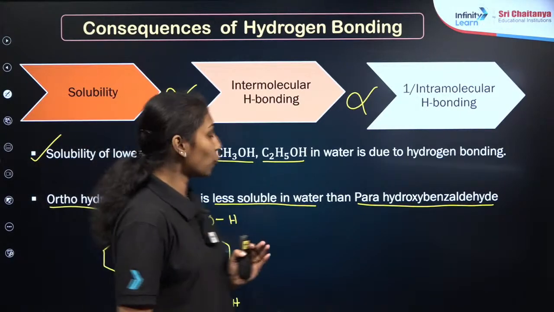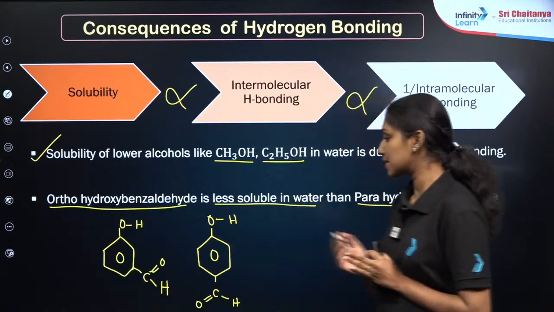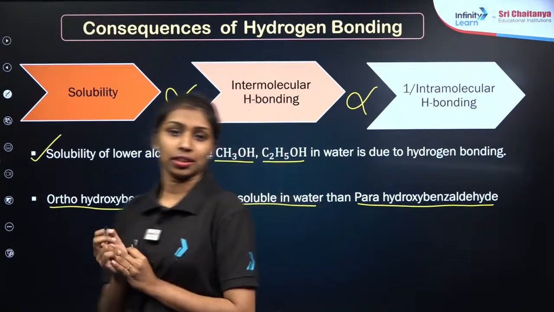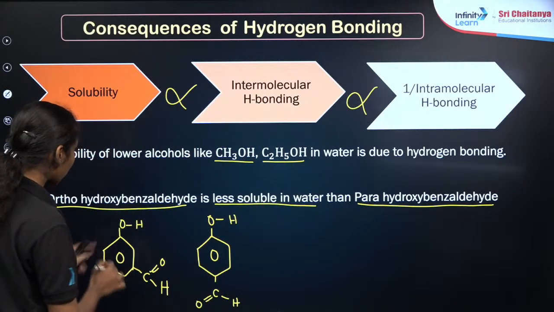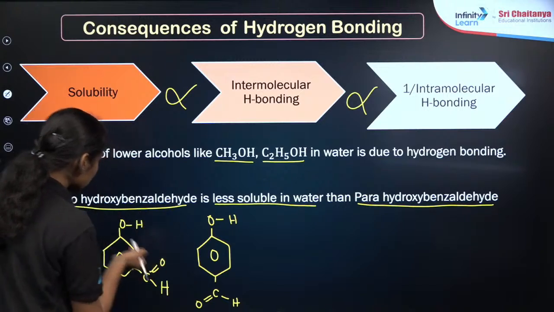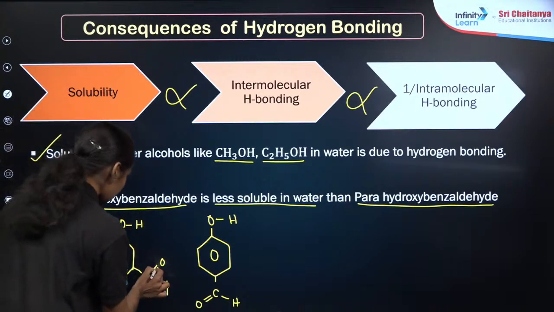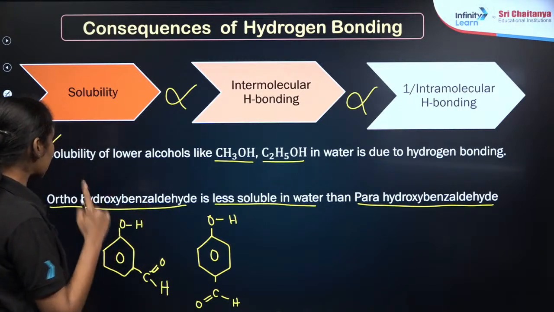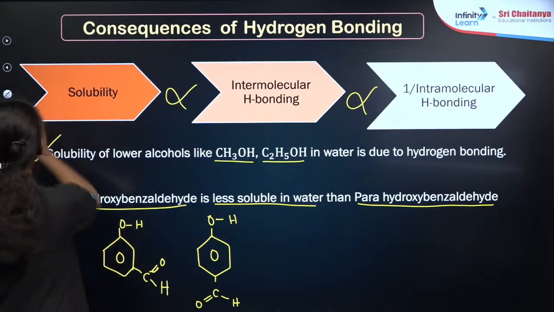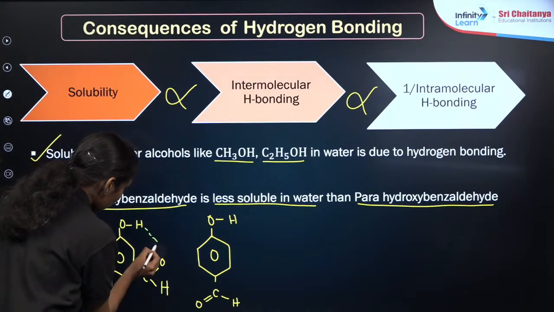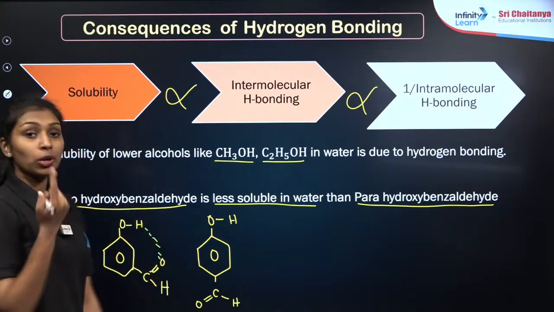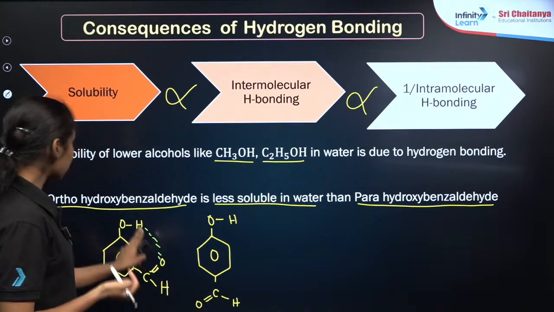Okay, these are the structures of orthohydroxy and para-hydroxybenzaldehyde. While checking the structure itself, you can identify that there will be the existence of hydrogen bonding, right? So we can say that in the case of orthohydroxybenzaldehyde, there will be intramolecular hydrogen bonding, within the same molecule.